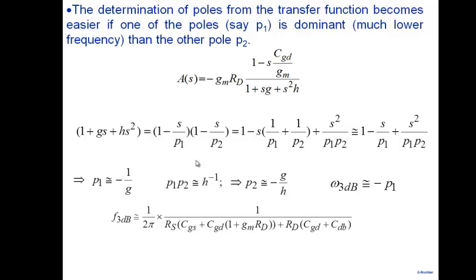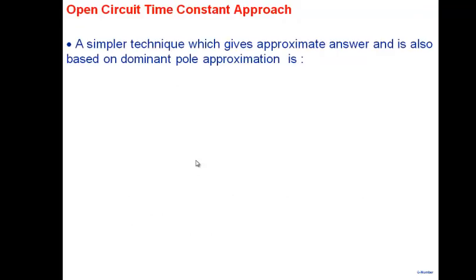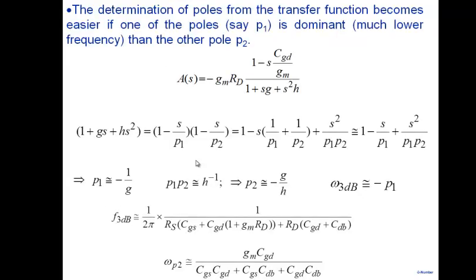So, with that in mind, that I have a dominant pole in my system, which is P1, we obtain an expression for 3 dB. F 3 dB is 1 by 2 pi R S, C GS, C GD, and all that, which is simply from G. It's simply equal to G, and we have an expression which is valid. The second pole is here. So that's a general way of doing it.